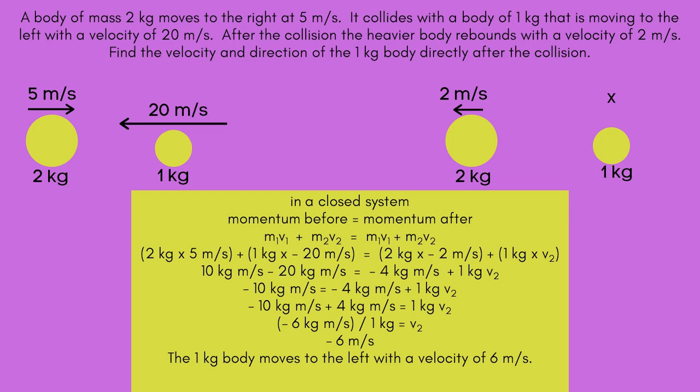You drop the negative sign and you have your value. And for me, my left has always been negative. So if I get a negative value, I know that the answer is stating that the object is moving to the left. Alright, so the 1 kilogram body moves to the left with a velocity of 6 meters per second.